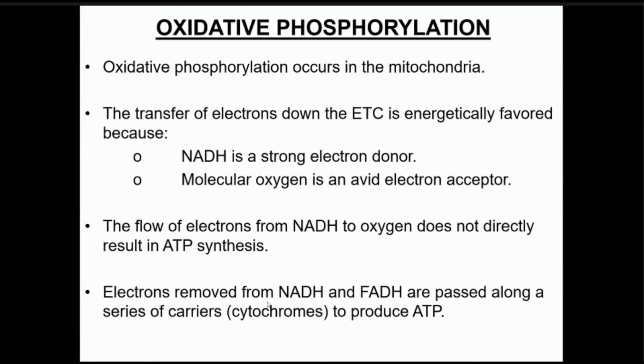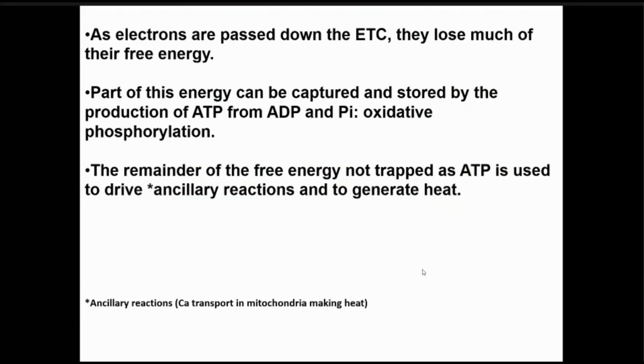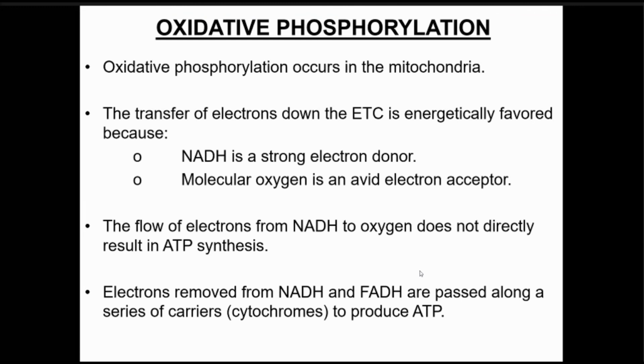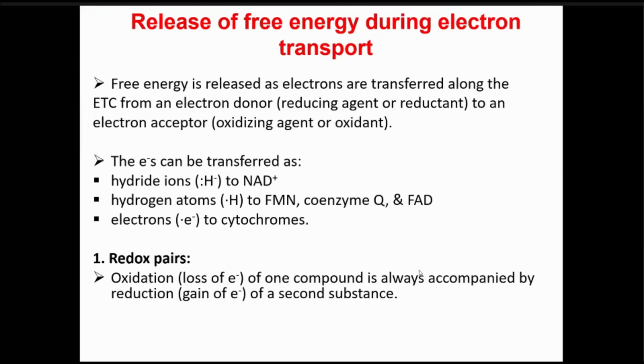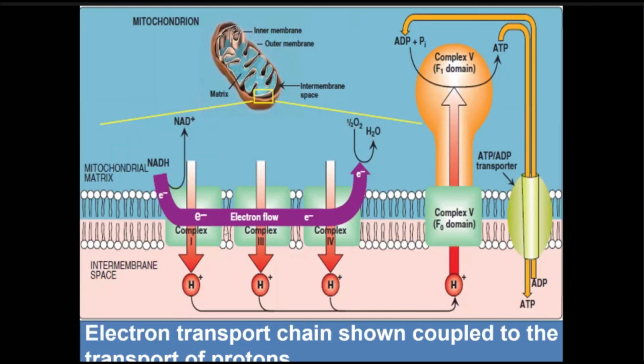Electrons removed from NAD and FAD are passed along a series of carriers, cytochromes, to produce ATP. Now we are starting to get into more details. As I mentioned, to go from here to here, you need cytochromes.